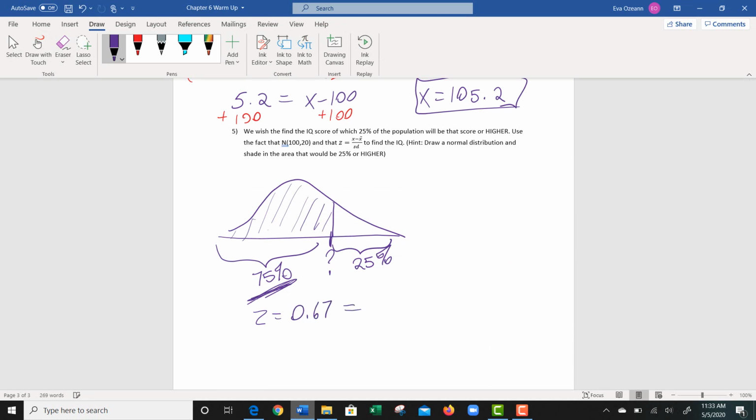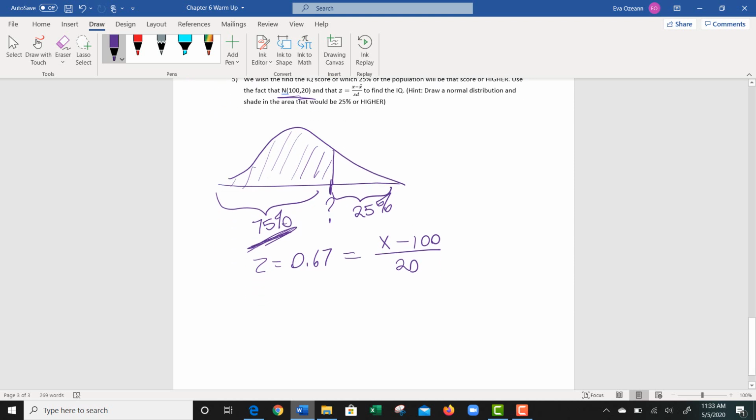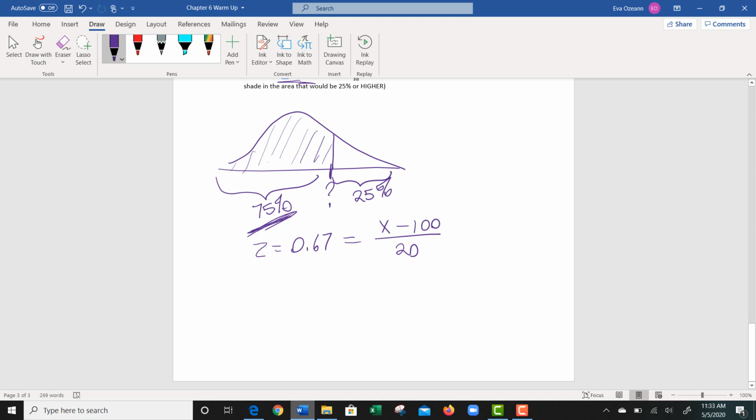Now I'm going to use that to find that x value. Remember we know the average is 100 and the standard deviation is 20 because they gave it to us in the problem. We're going to multiply both sides by 20 and then add 100. So 0.67 times 20 plus 100 gives us an x value of 113.4.